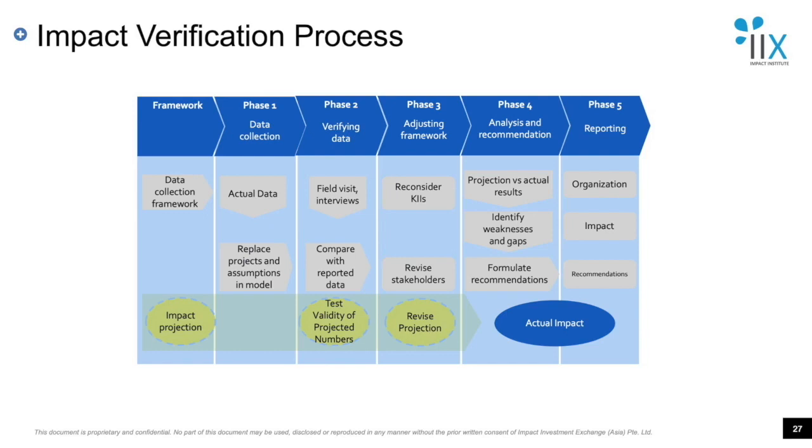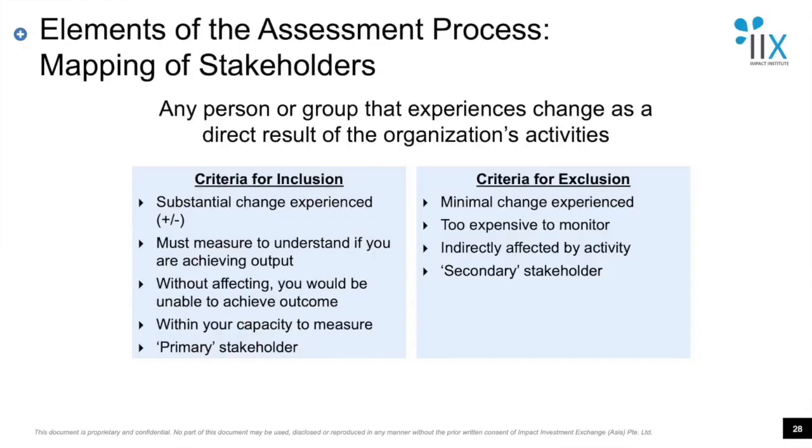Now, one of the big things, as I said, as you are looking at this process, is making sure you are accounting for all the stakeholders who are part of the process. One of the interesting things to do when you're doing the impact measurement is a mapping of who all the stakeholders are. What we mean by stakeholders is any group of people, or again, thing, in this case the environment, who are experiencing the change.